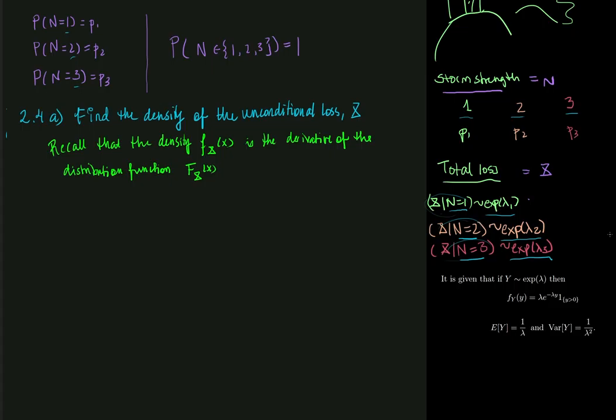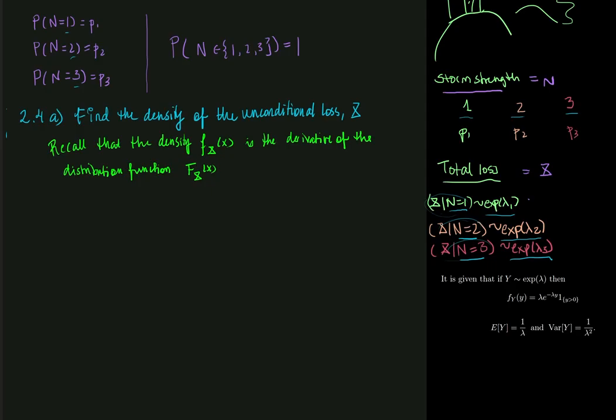Because the distribution function can be 3 different things depending on the storm strength, and our best guess for what the total distribution function is would just be taking a weighted average of those 3 conditional distribution functions. So that's just the intuitive guessing here.